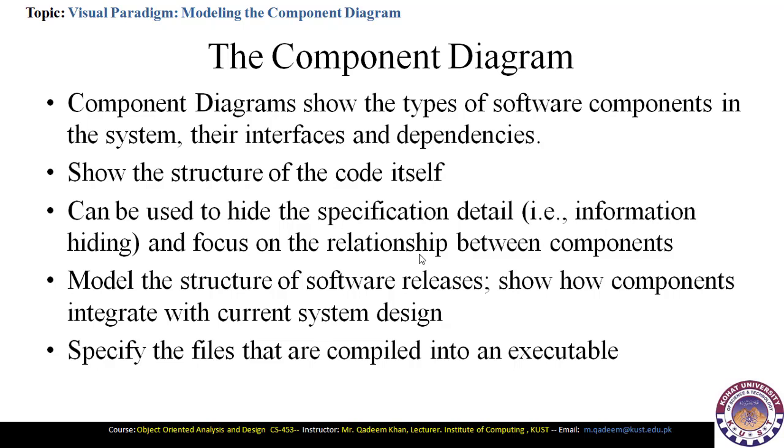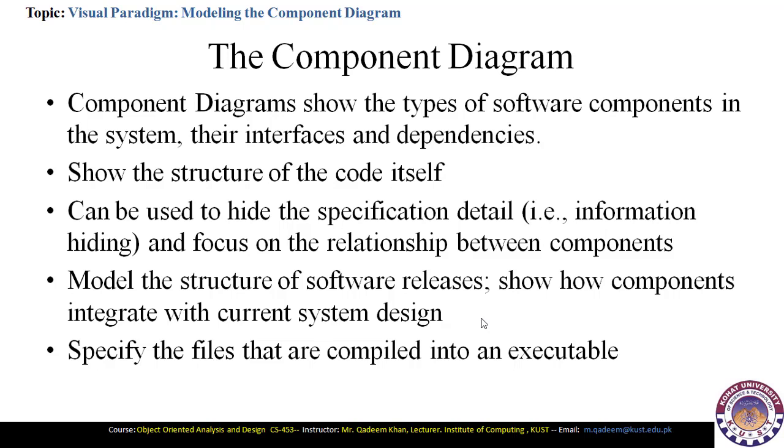Now, modeling the structure of the software releases shows how components integrate with the current system design. So when we model a software system release, it also shows how different components can be integrated with each other, and this is at the design step, where multiple components are integrated and pass information or data to each other.